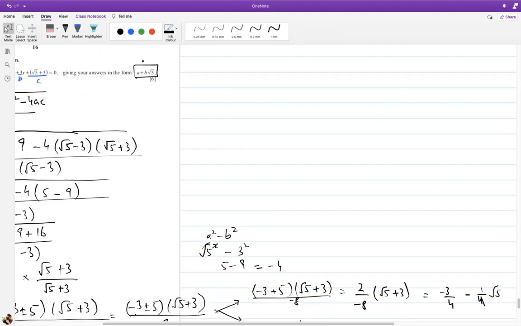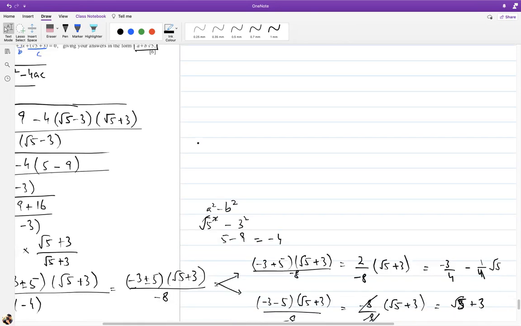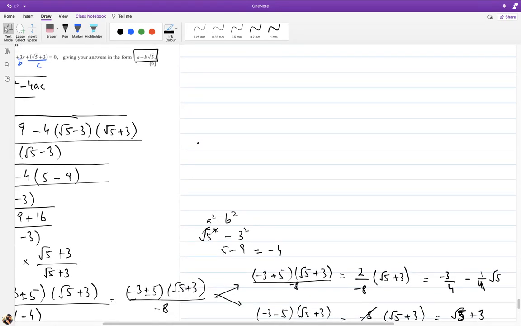Of course. Both of them do. You just needed them in the form of square root 5, and you have them in square root 5, both of them. In the first one, A is minus 3 by 4 and B is minus 1 by 4. In the second one, A is 3 and B is plus 1. So we have solved this question. Good work, you guys.